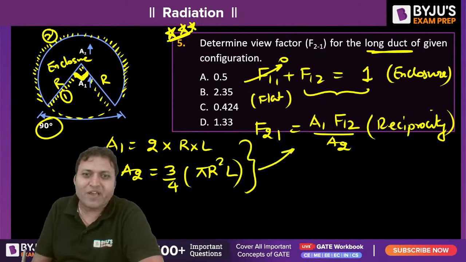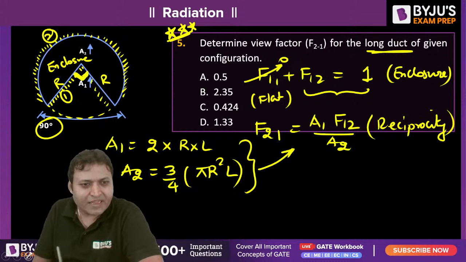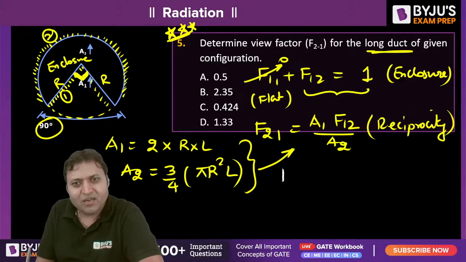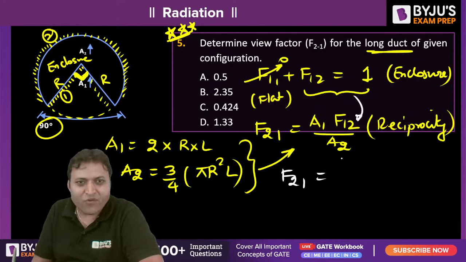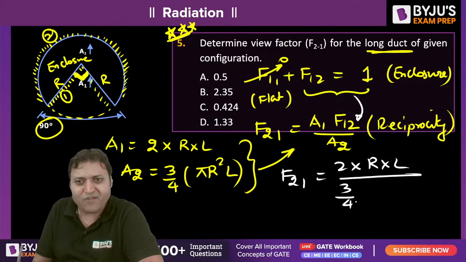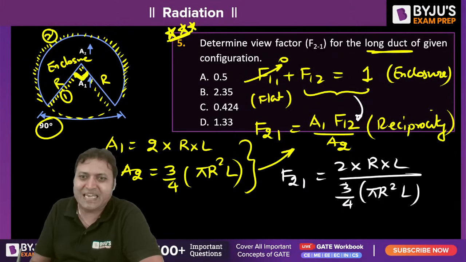If you put the value of A1 and A2 in the given formula, F221 is equal to F122, which is 1, times A1, which is 2 into R into L, upon 3/4 of pi into R square into L. Is this clear?